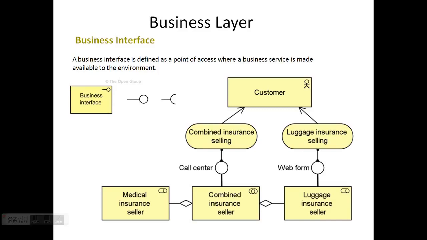It is often referred to as a channel, like a telephone, internet, a local office, etc. The same business service may be exposed through different interfaces. For example, the internet could be exposed through desktops, through servers, through handheld devices, and so on.